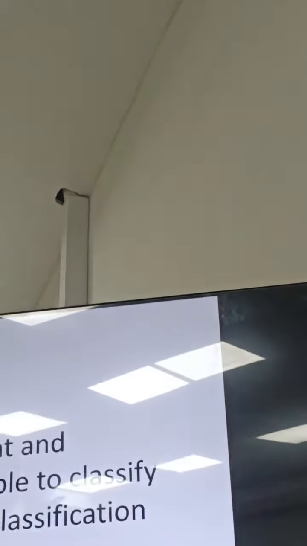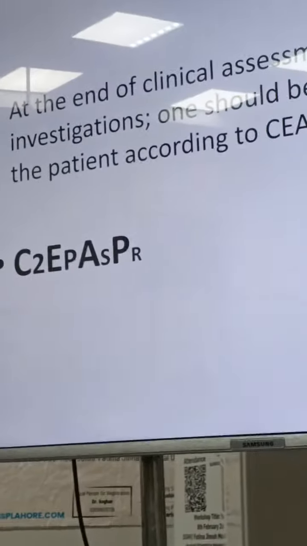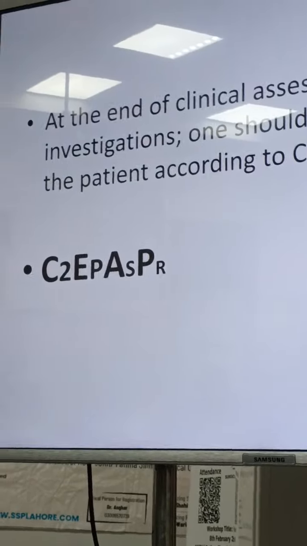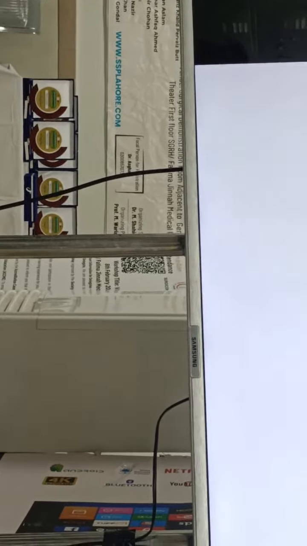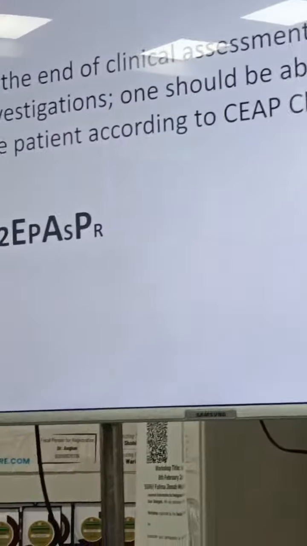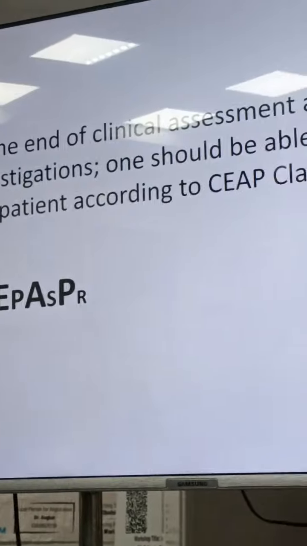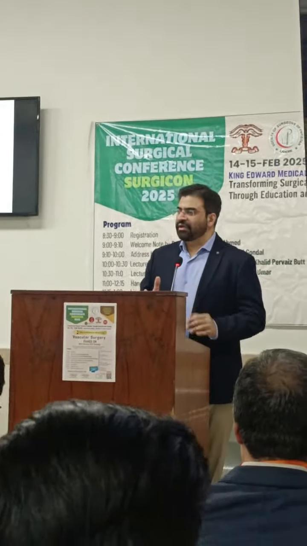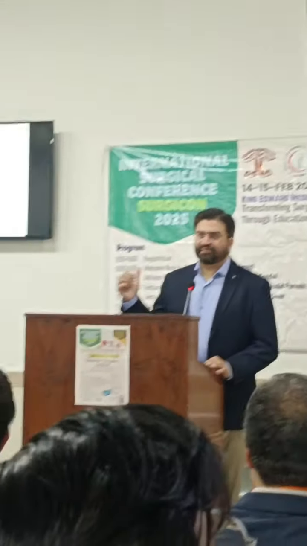So, after all the assessment of your patient, who came to your OPD with symptoms of leg due to veins, you took history, you did examination, you did all the investigations, and now is the time to sum up all the information which you gathered from that patient in this C classification.